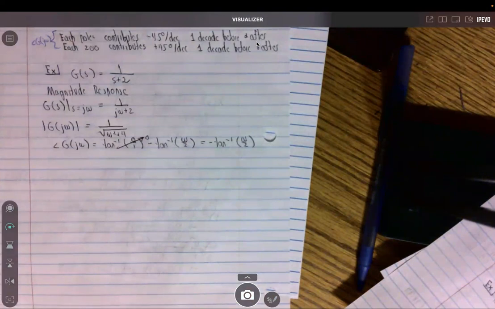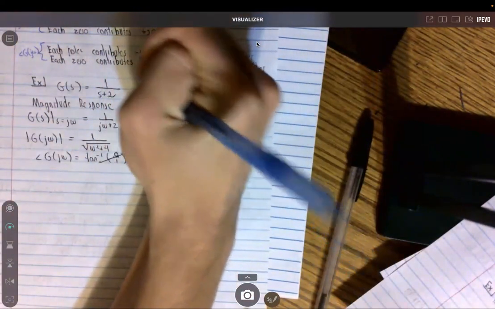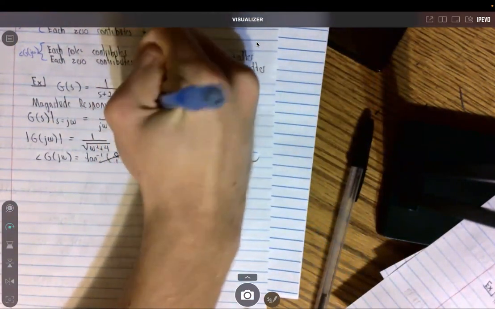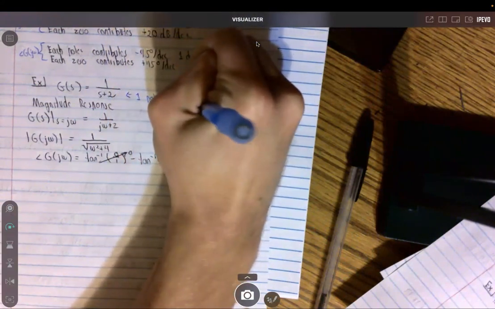But what I find easier is, we know in here we have one pole at s equals -2.